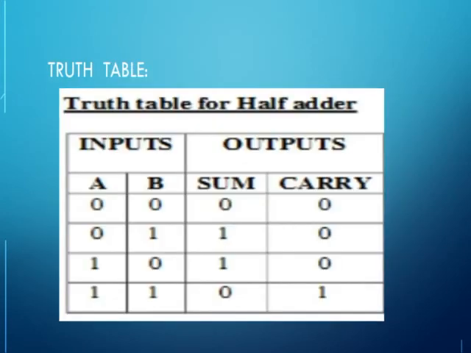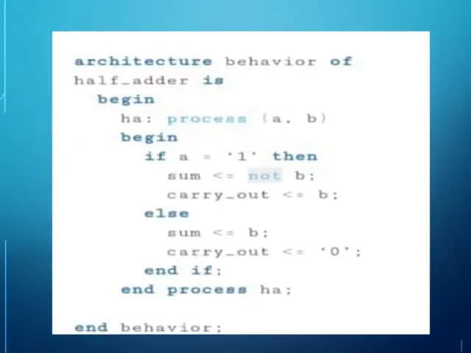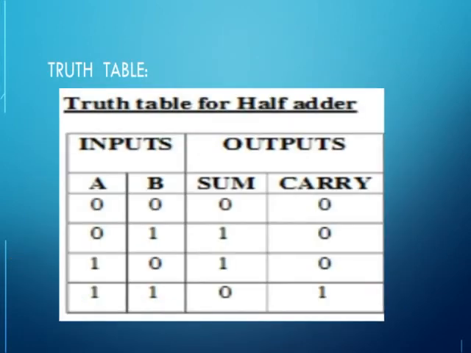It means when A is 0, sum is the same as B, 0 0 1 1, and carry out is 0 0. When A is 0, carry is also 0.